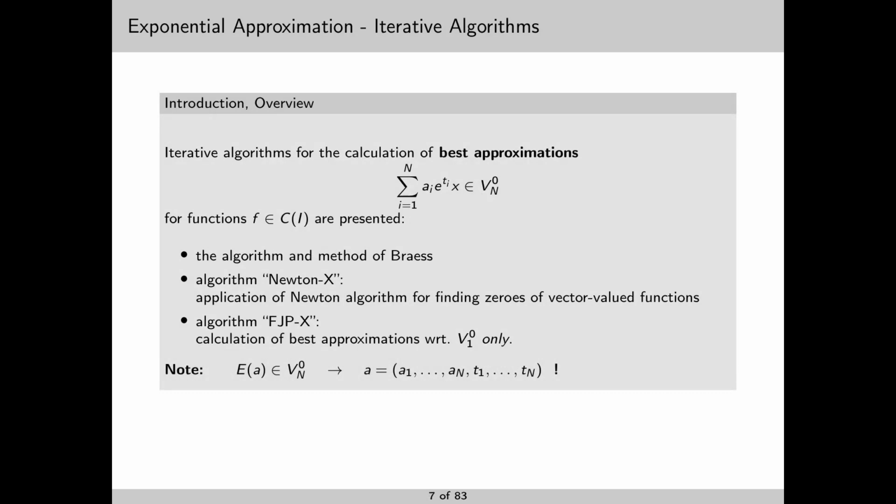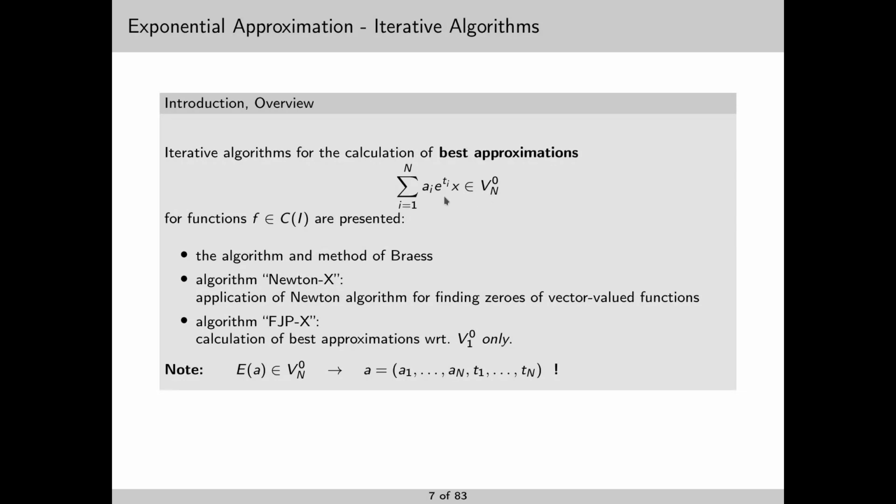These algorithms deal with simple exponential sums only. In the theory video, it has been pointed out that the parameter a can be considered a vector with 2n components, which are the coefficients a_i, t_i of the respective exponential sum.